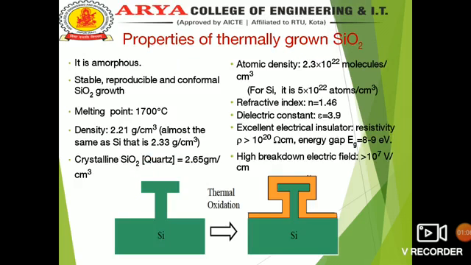The properties of thermally grown SiO2. SiO2 is amorphous, stable, reproducible and conformal SiO2 growth. The melting point is about 1700 degrees centigrade.